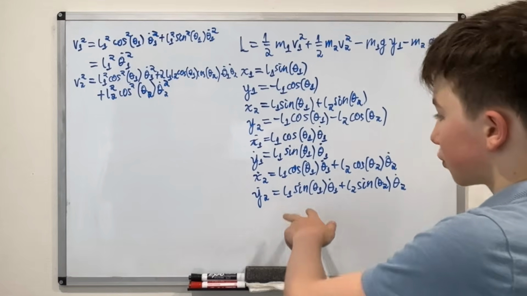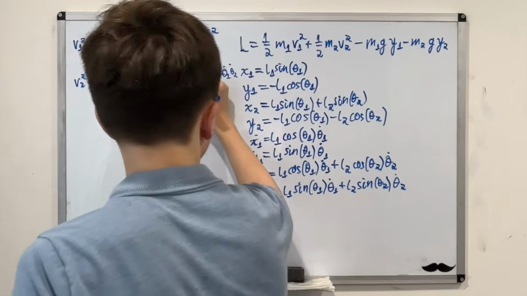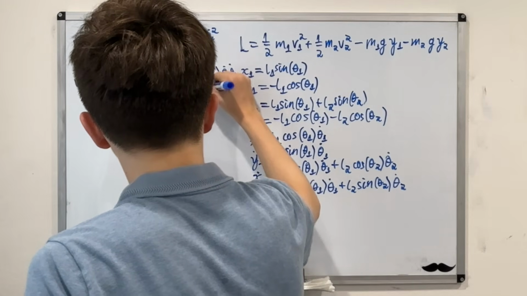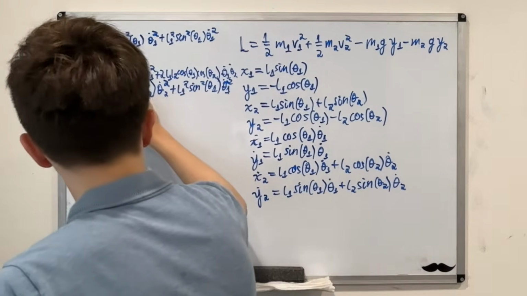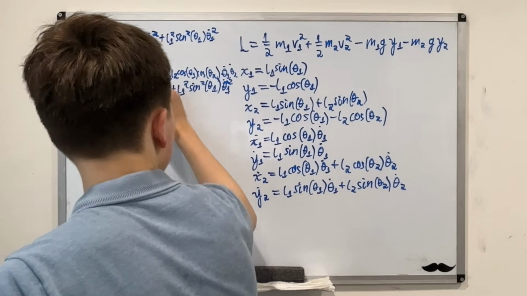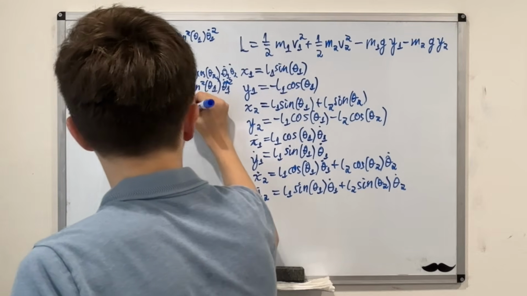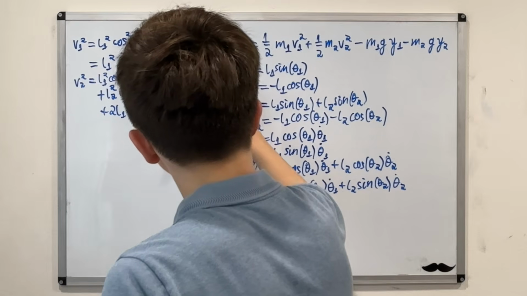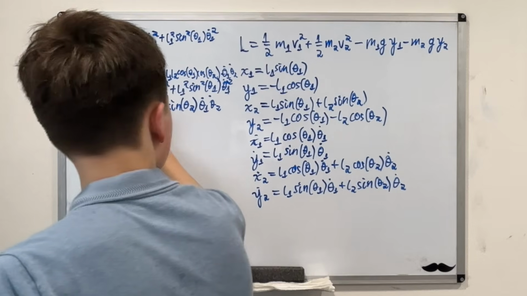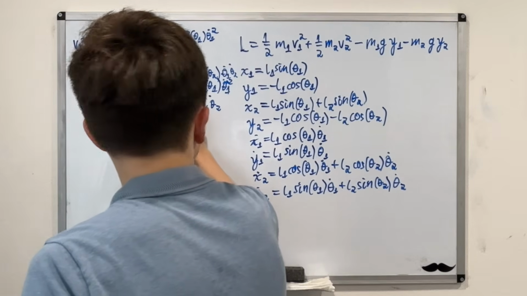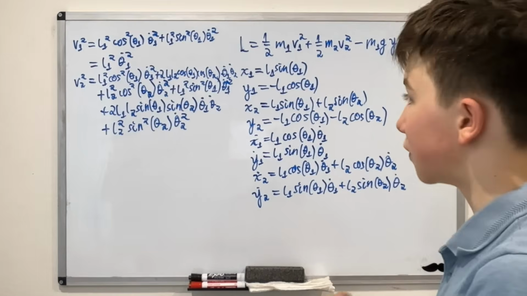Then we do a similar thing for y2 dot. So we're going to have L1 squared sine squared theta 1 dot squared plus 2 times L1 L2 sine theta 1 sine theta 2 theta 1 dot theta 2 dot. Then finally we're going to have L2 squared sine squared theta 2 dot squared.